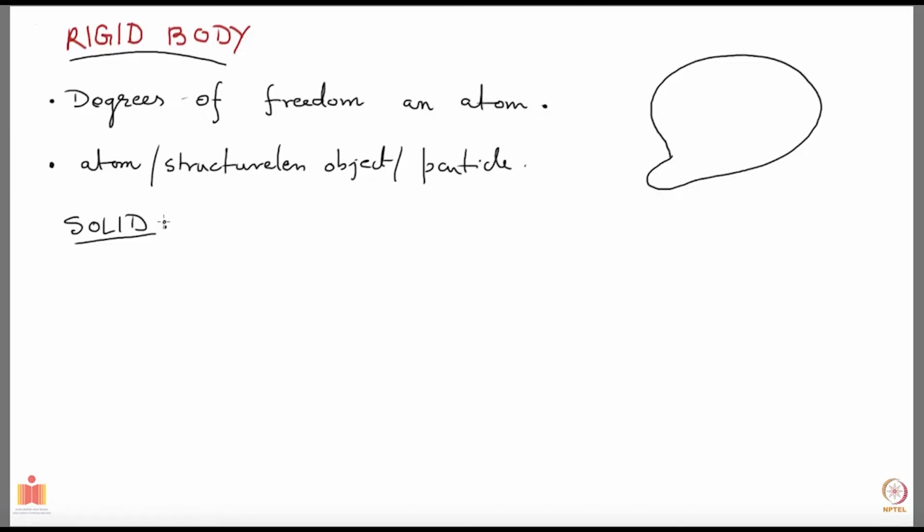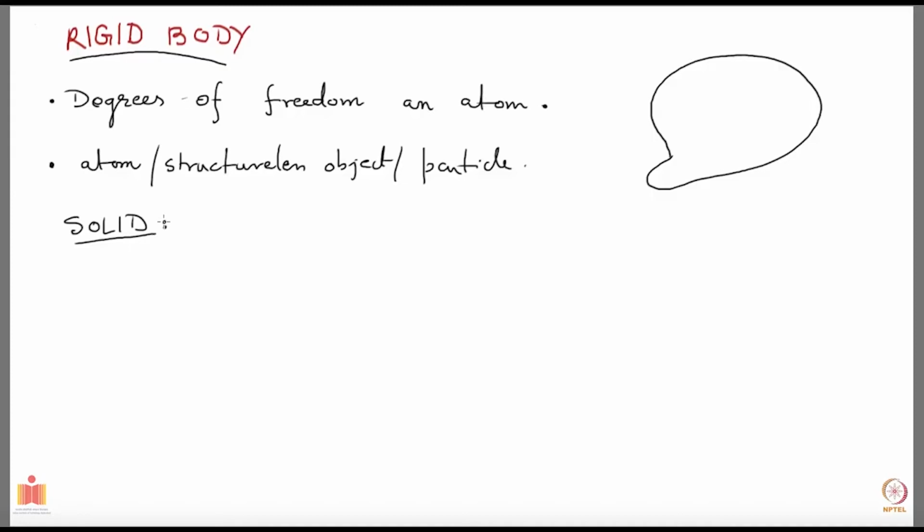But let's say I start to think of this solid as made up of atoms which are point-like, without any structure. Now how many degrees of freedom does this solid have if it has n such atoms? Well, it still depends on what you want to see about that solid.